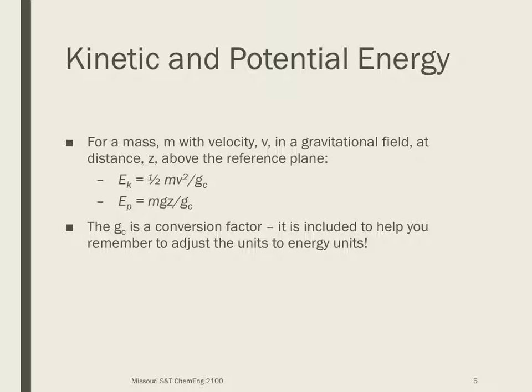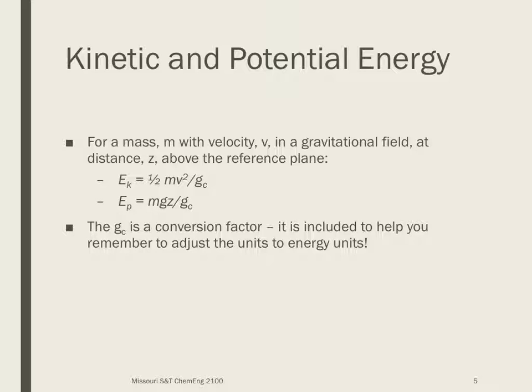If it moves at velocity v in a gravitational field with gravitational acceleration of, say, 9.8 meters per second squared, 32.2 feet per second squared, at a distance z above a reference plane, wherever I've defined as my reference, then the kinetic energy is 1/2 mv squared, and we can convert to more natural units by dividing by G sub c. And potential energy is mgz, and again, converting that by dividing by G sub c.